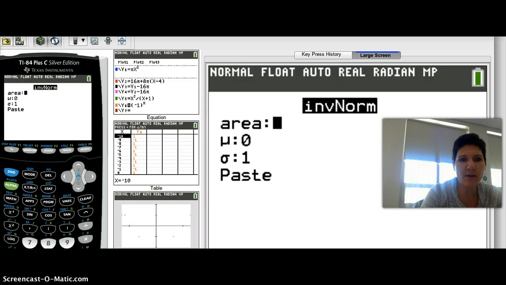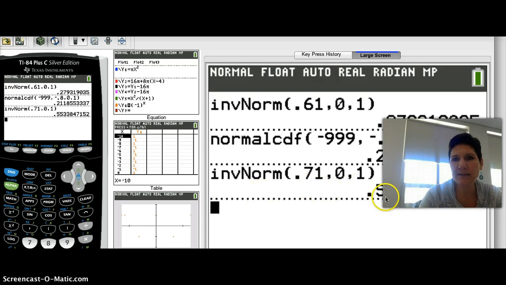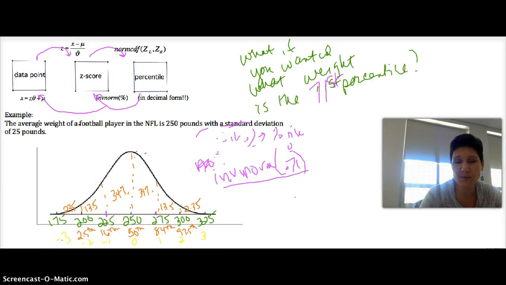The area we're looking for is 0.71, and we scroll down and paste it in. When I do that, that means my z-score is 0.55. So I'm going to go back to my little workspace. This means that I have a z-score of 0.55.